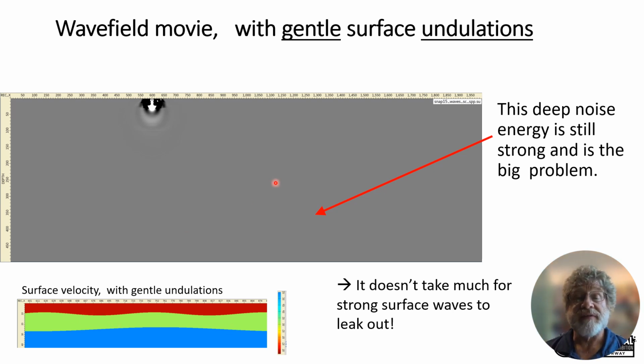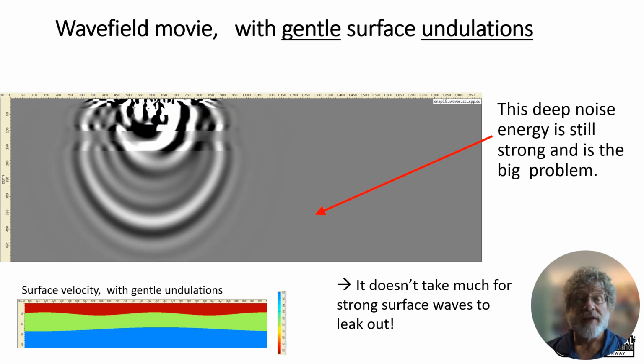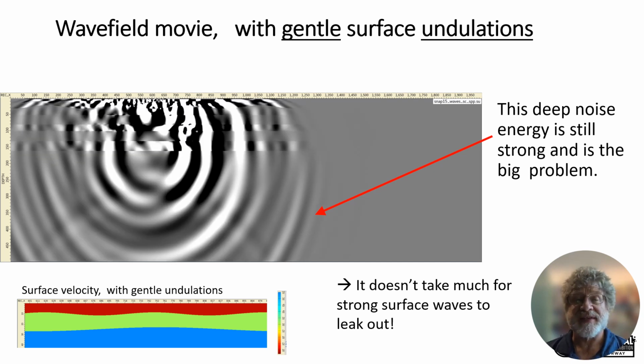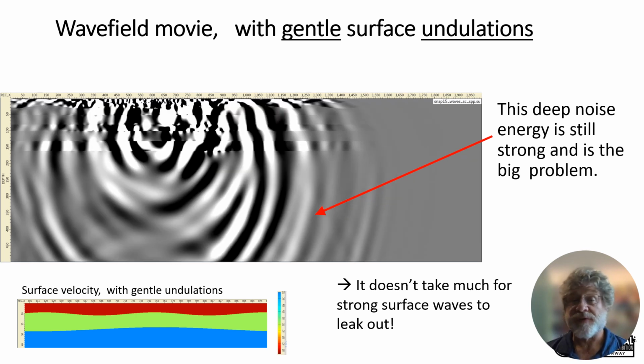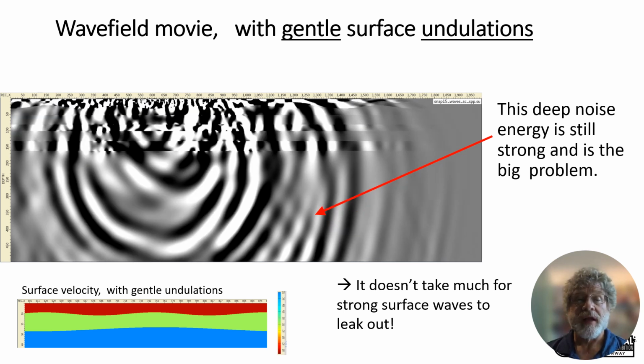And you'll see that even this causes a lot of scattering. Surface waves are very sensitive to having a perfect one-dimensional model, and variations from one dimension cause this scattering. So this scattering is almost as bad as what we saw before.